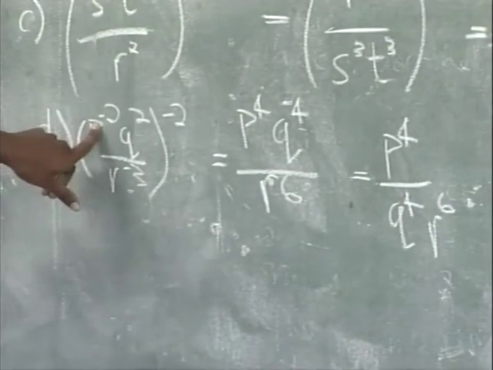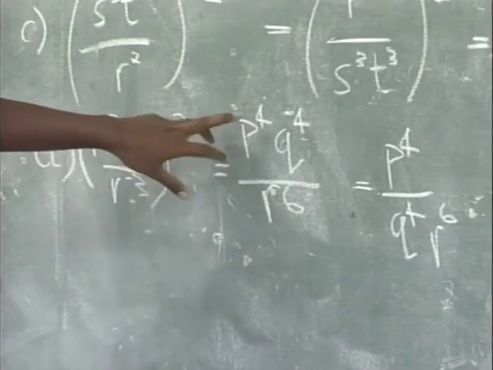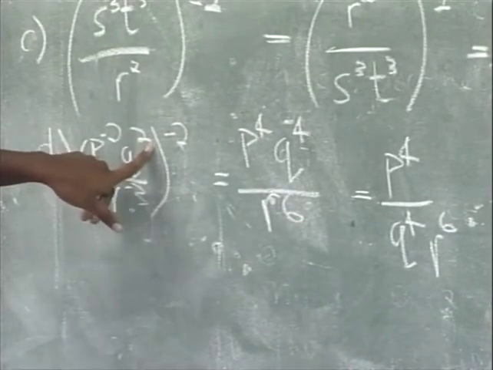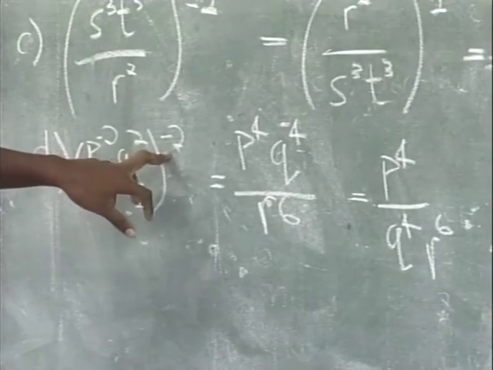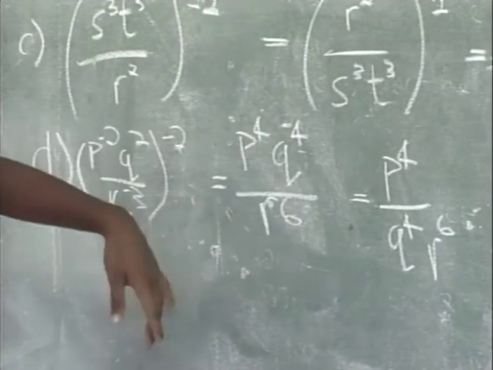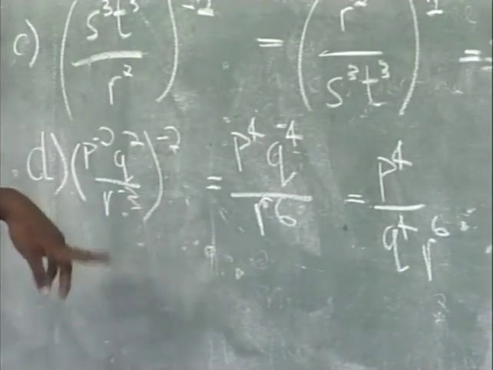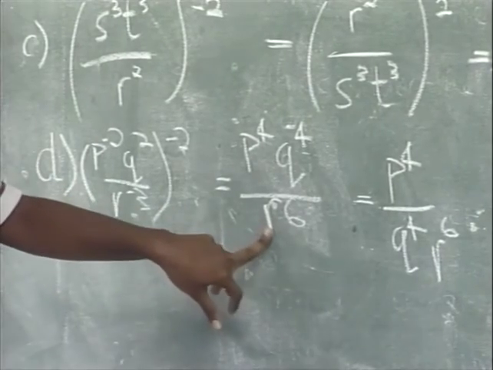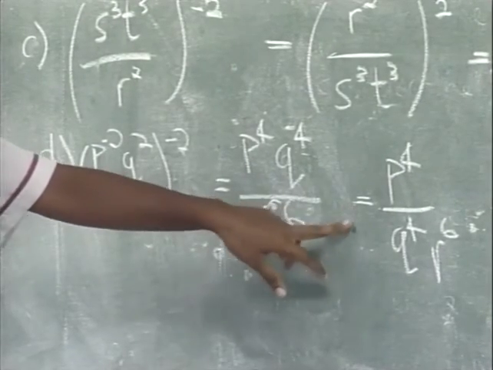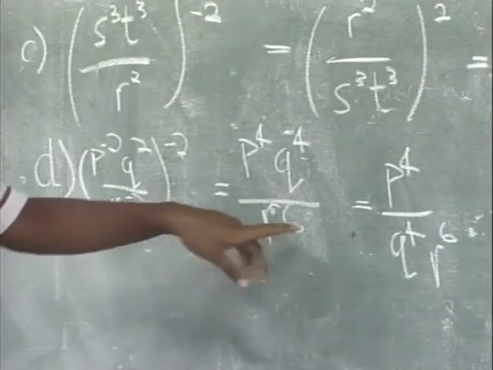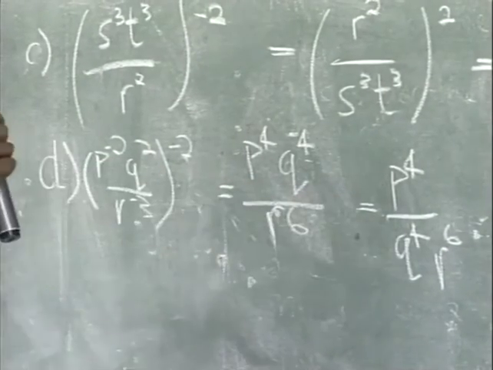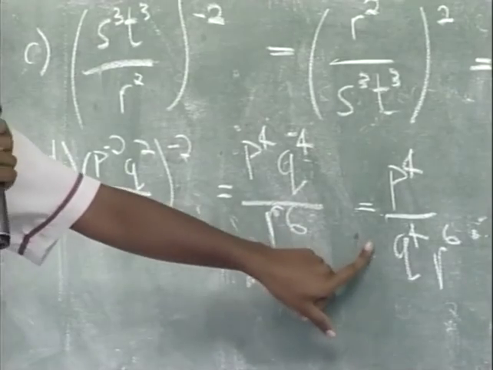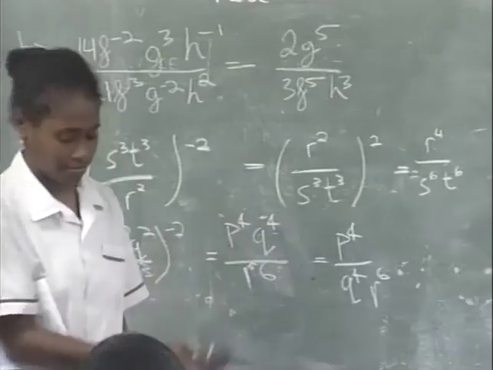Negative 2 times negative 2 is positive, p to the power of 4. 2 times negative 2 is q to the power of negative 4. Negative 2 times negative 3, r to the power of negative 6. Change it to positive indices, equals p to the power of 4 over q to the power of 4 r to the power of 6.